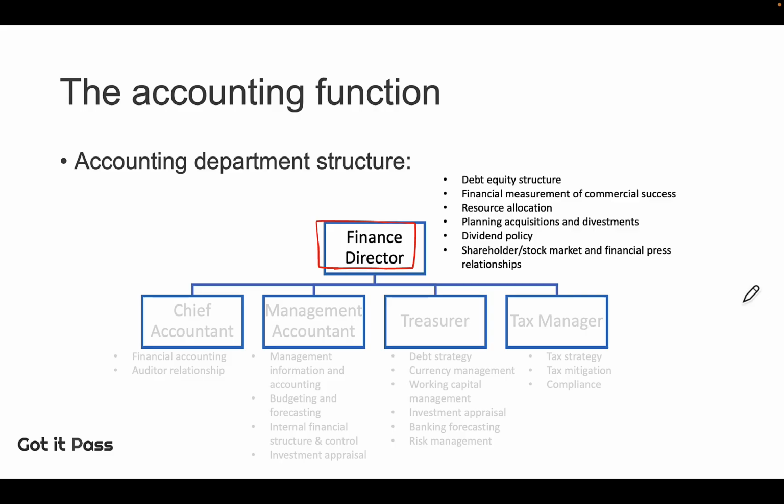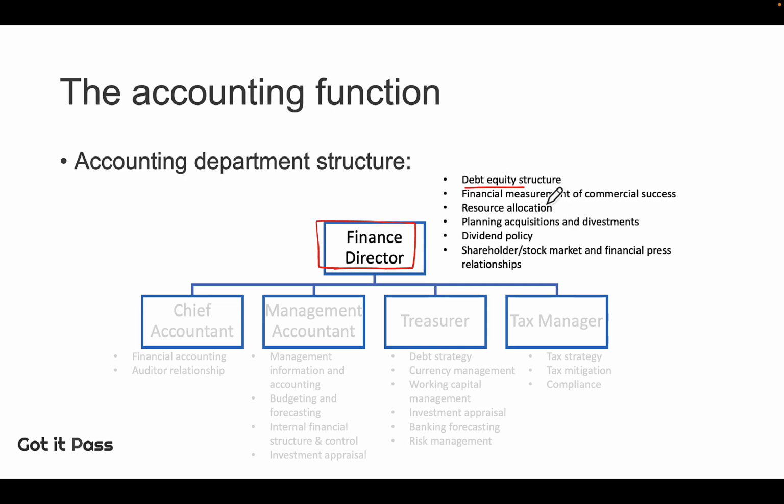The major responsibilities of the finance director include debt equity structure. It means that the financing decision should be proposed and finalized by the finance director with the board of management. How much of the capital should be raised through debt, or how much through equity? That's the debt and equity structure.